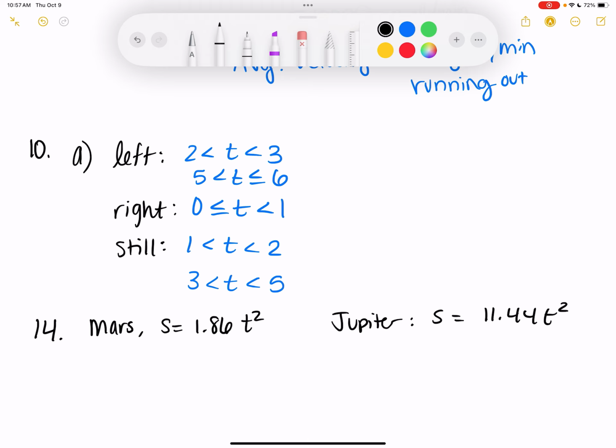How long would it take a rock falling from rest to reach a velocity of 16.6 meters per second on each?